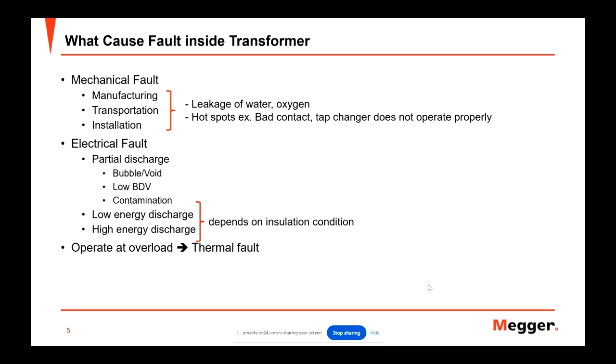If you heat the paper, you can damage the chain of the paper, and when you damage the chain of the paper, it will create water inside of your transformer, and that water will accelerate the aging of the insulation.